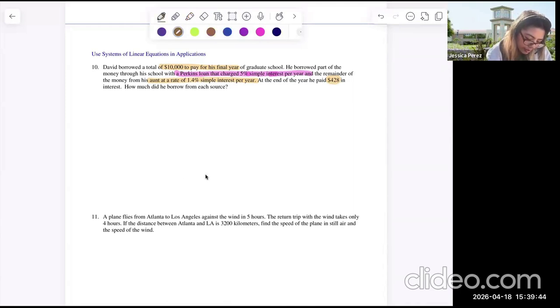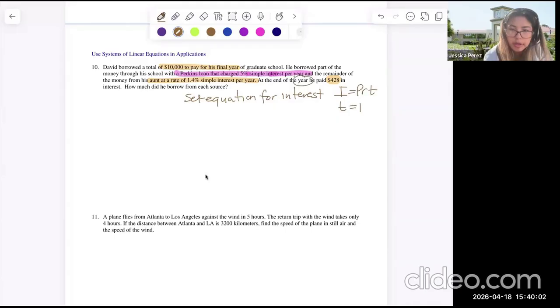Well, first of all, we have to set an equation for interest. So the equation is I equal PRT. This is simple interest after how long? After 1 year, at the end of the year. So T would be 1.